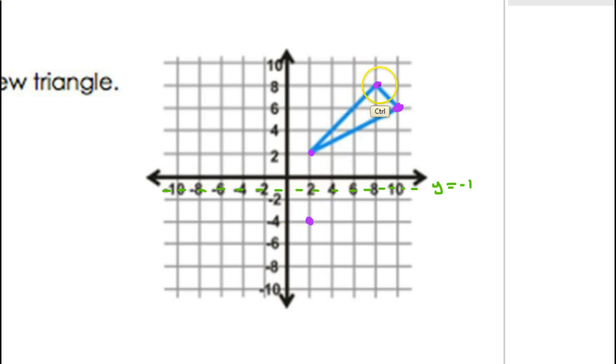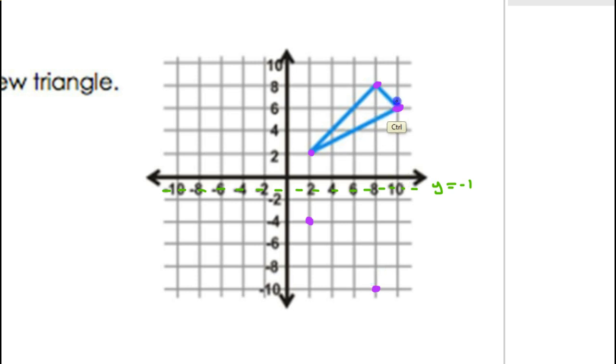Now this point way up high is, let's see, 1, 2, 3, 4. It's 4.5 squares above this line. So there's my half, and then now I'm going to go 4 squares below the line. So that's going to be right here.